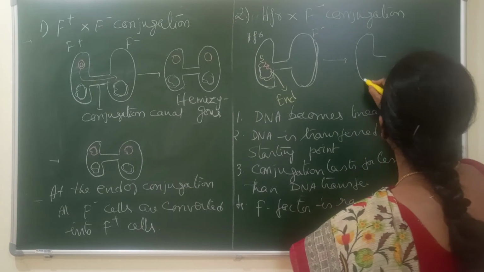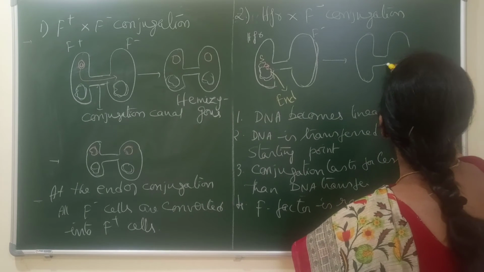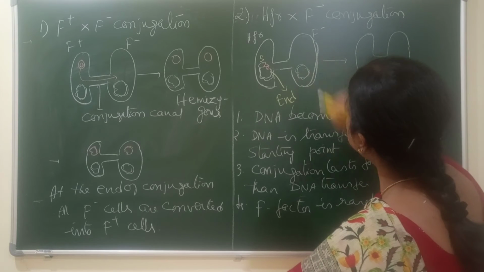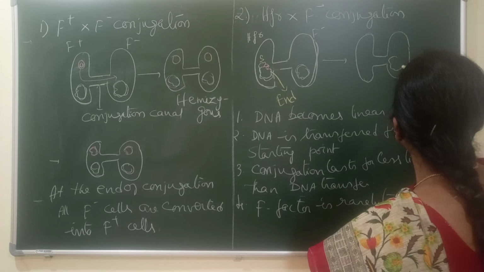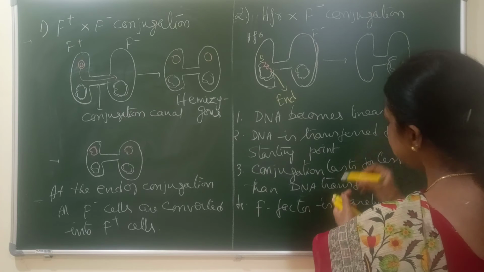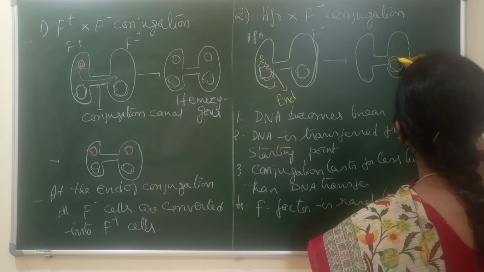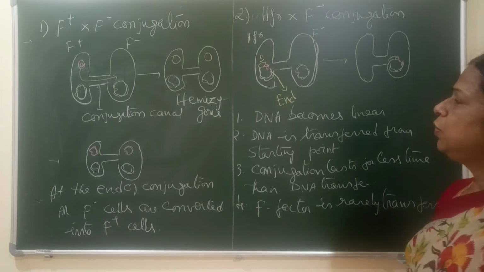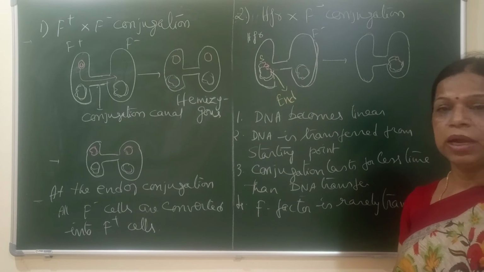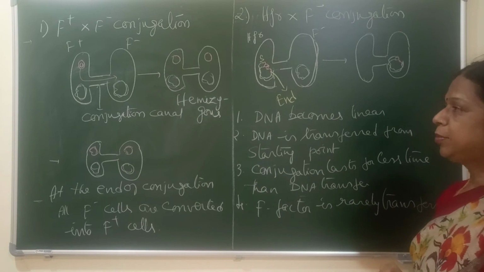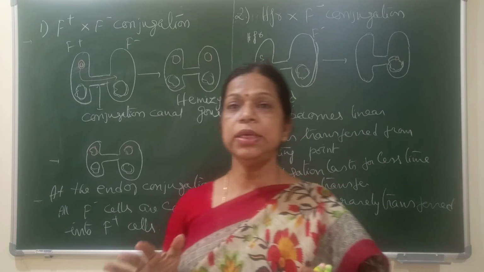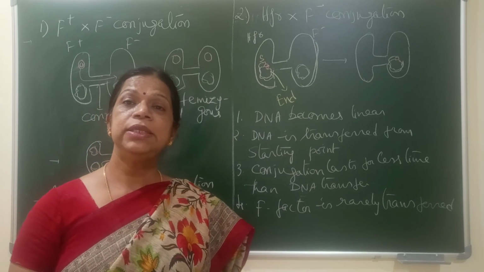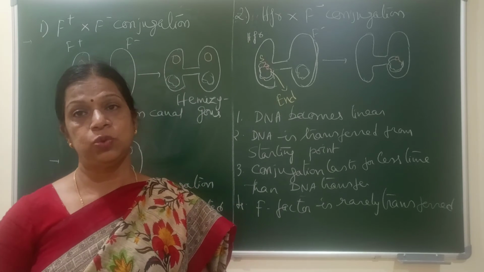The recipient cell initially has only its own DNA. Now it can get only some amount of DNA, but complete transfer cannot take place. Therefore, since complete transfer is not taking place, the recipient cells will remain F minus only.